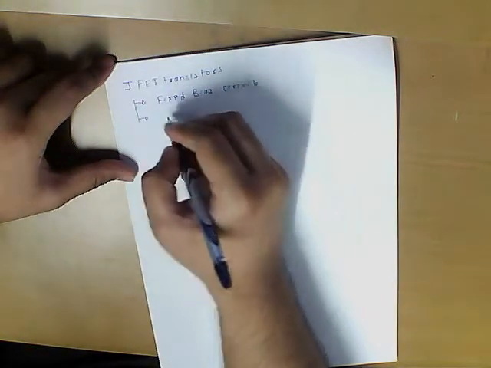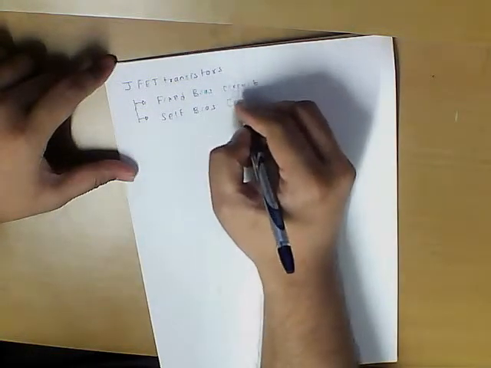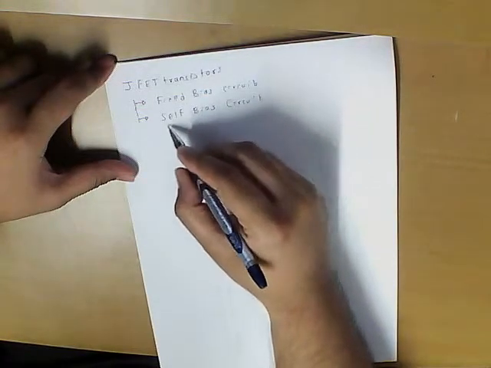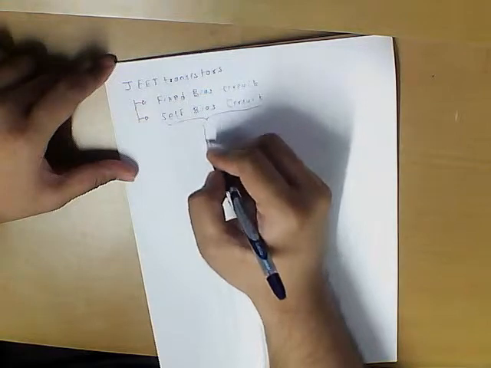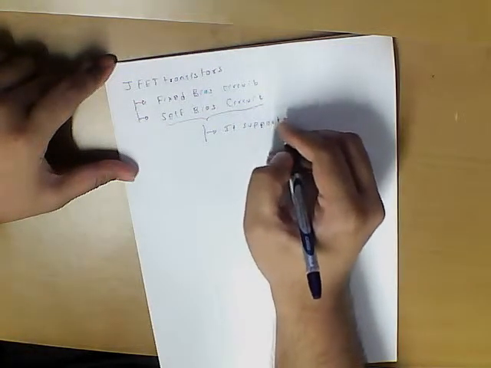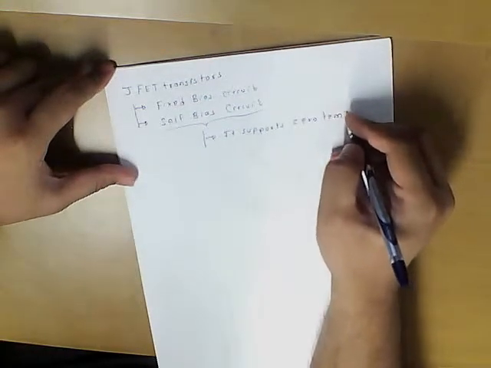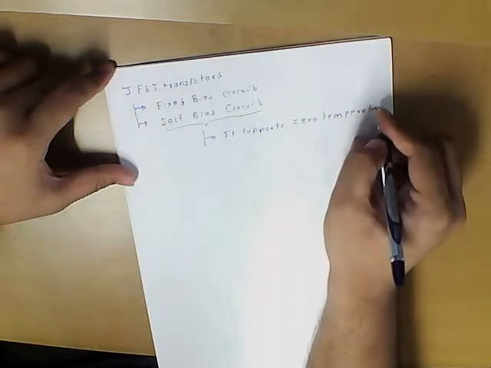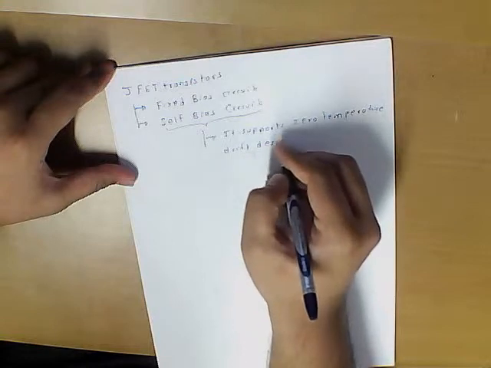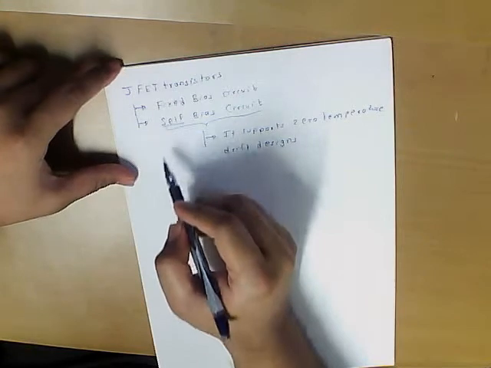Then we have the self bias circuit, a very widely used circuit, and if you just make a note, it supports zero temperature drift designs. So that is why it is widely used.